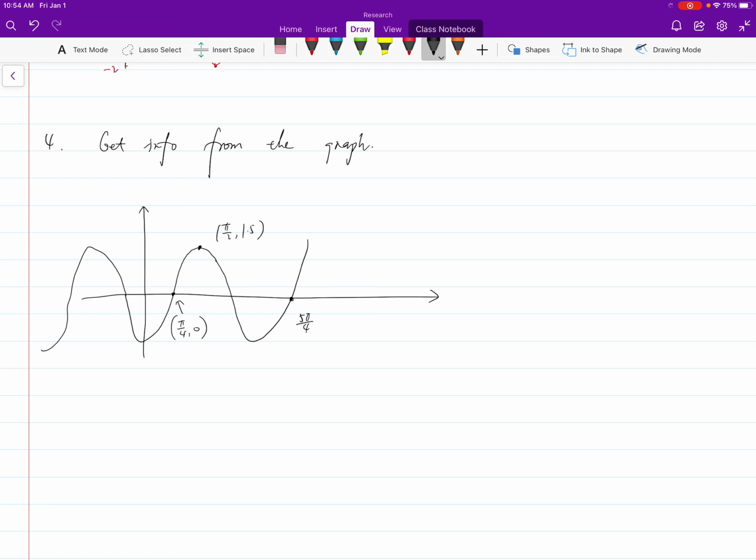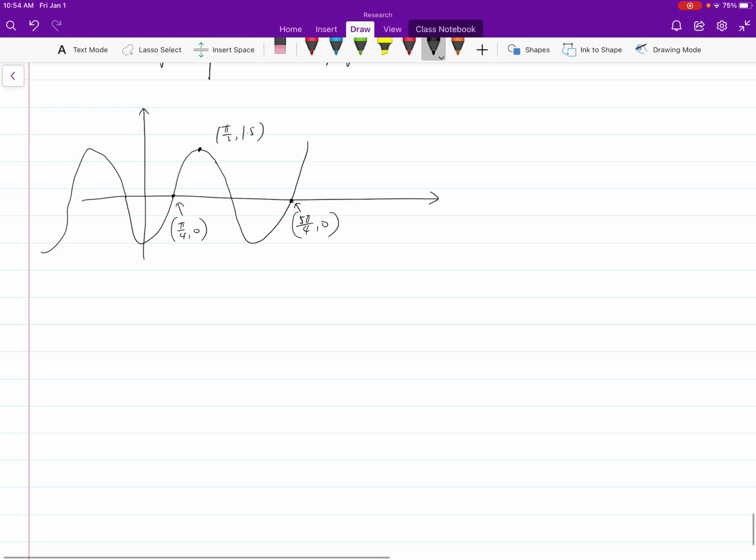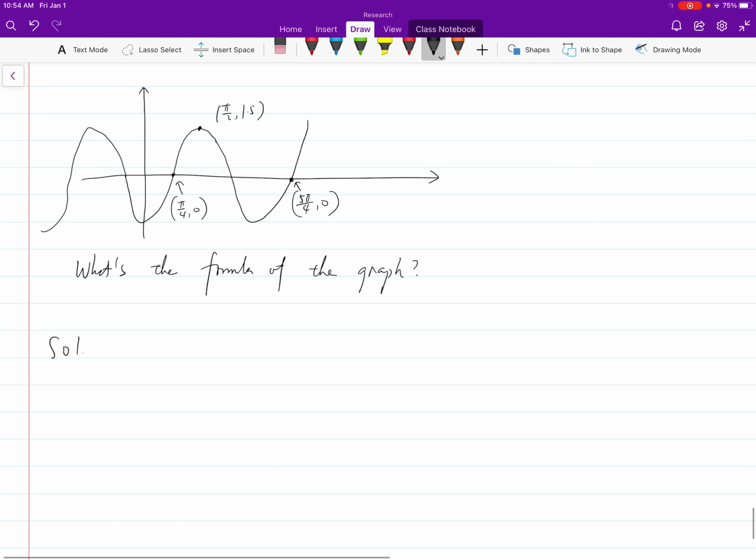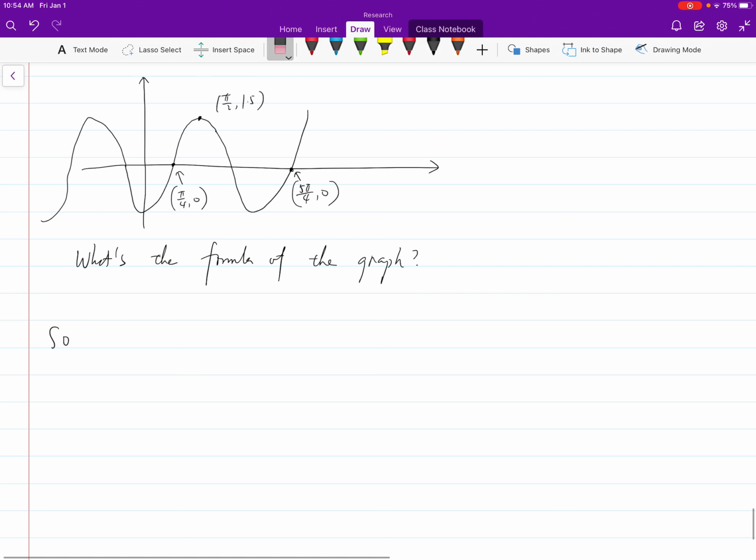And this point is 5 pi over 4, 0. With all this information, you can have more points if you want to go ahead and try to measure. But with all the information, what's the formula of the graph? Okay, that's the idea.